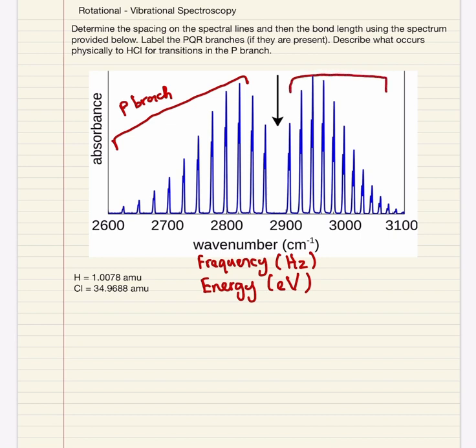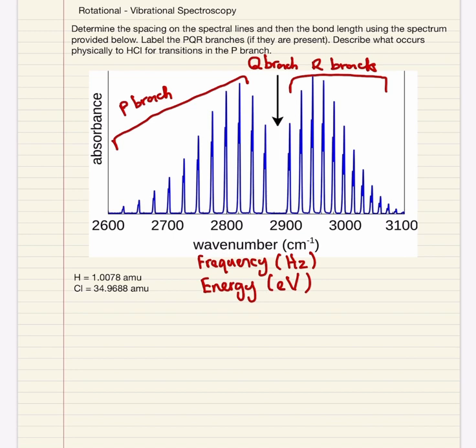The black arrow down here shows the Q branch. The Q branch is ideally taller than the P and R branches, but sometimes it can be missing. Currently, the Q branch is missing, so only the P and R branches are there. I put a K in here, but it's supposed to be "branch."